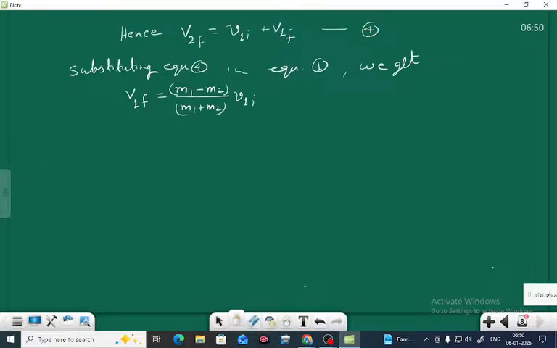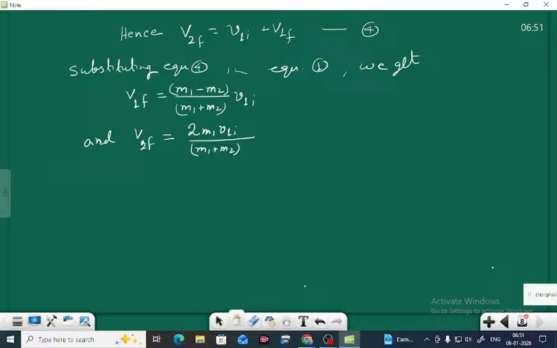And v2 final, the velocity of the second particle, v2 final is equal to 2 m1 v1 initial divided by (m1 plus m2).